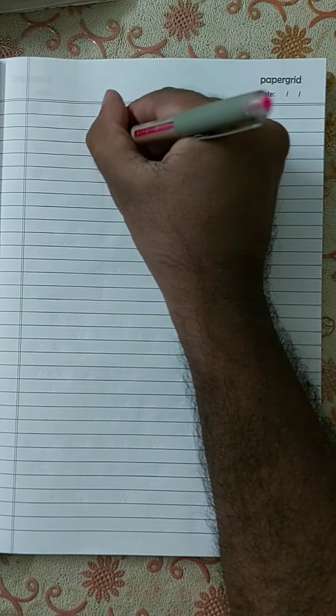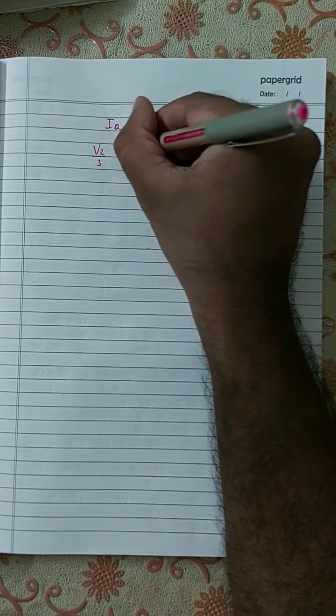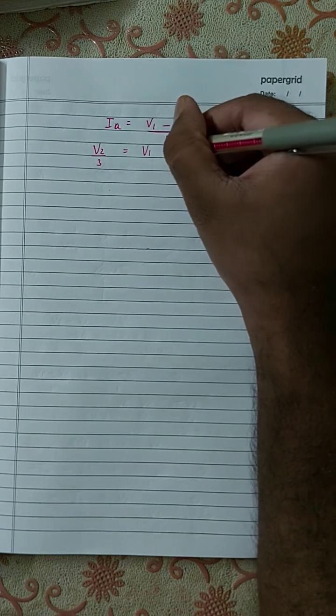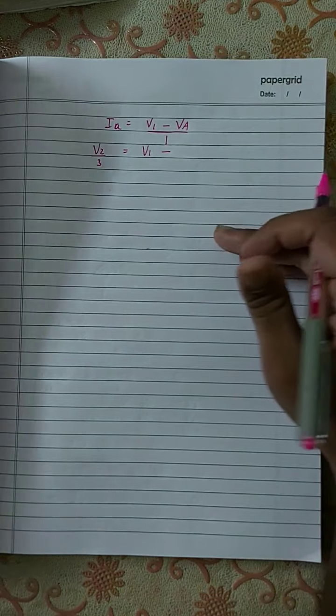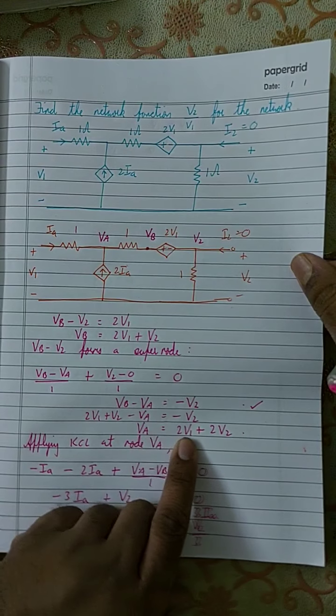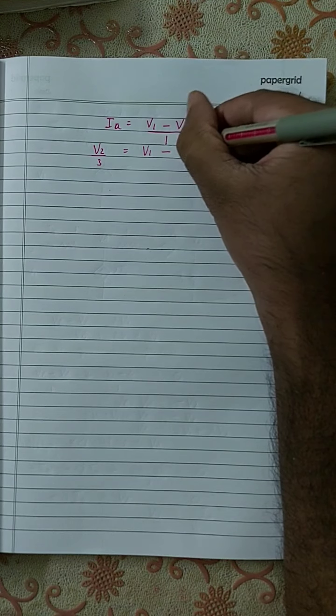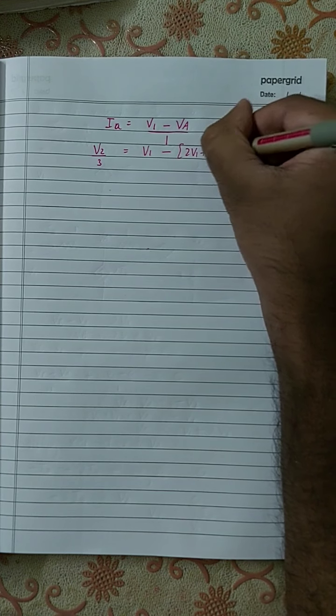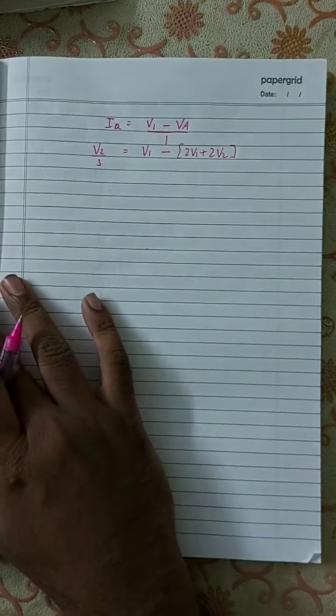So I will substitute that as V2 by 3 over here, is equal to V1 minus, and what is VA? We found VA also, right? What is VA? 2V1 plus 2V2. Okay, that's it.